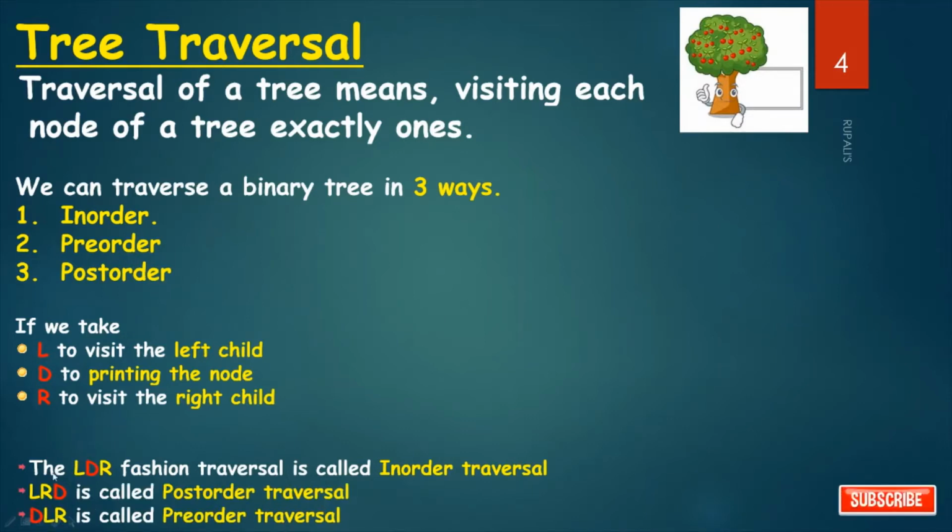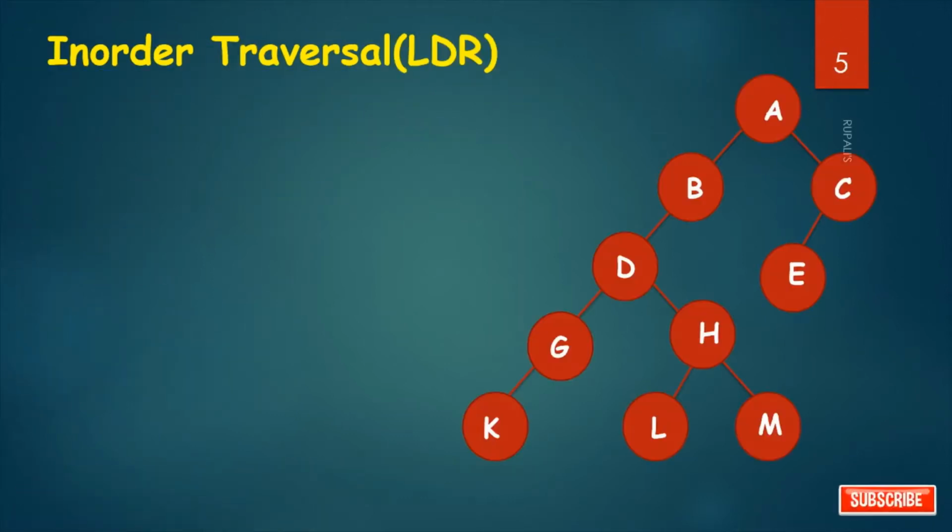We take the convention that we always visit the left child first before the right child. Now in-order traversal, that is LDR. See the position of D in between L and R. When D is in between L and R, then we can say it is in-order traversal.